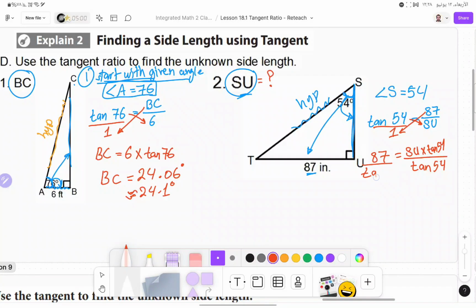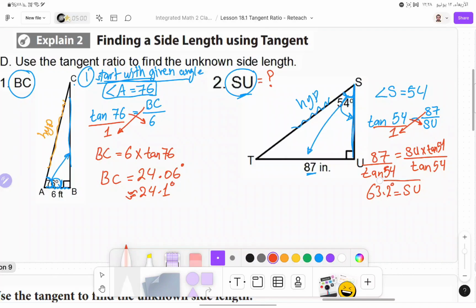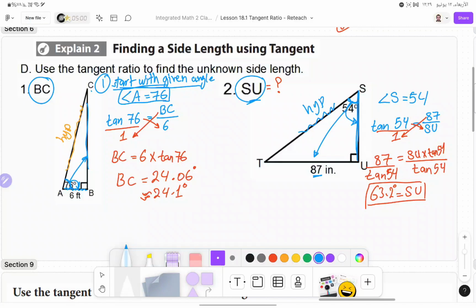If you use your calculator and write 87 over tan 54, you will get 63.2. So this one here is the side SU. I hope you understand this.